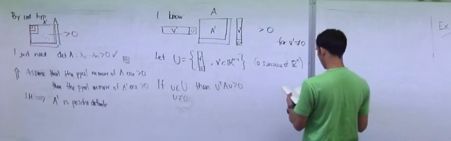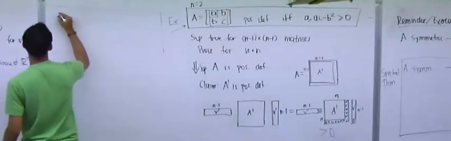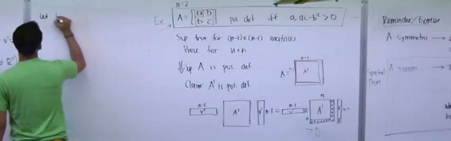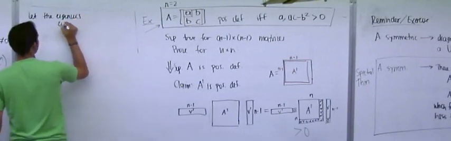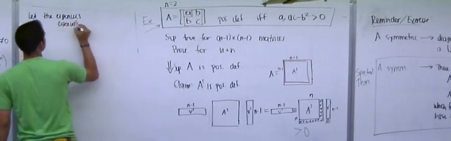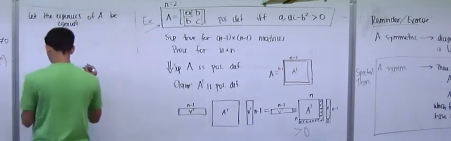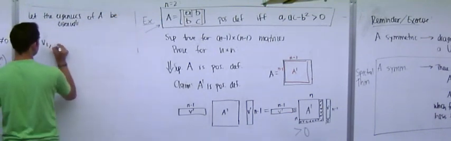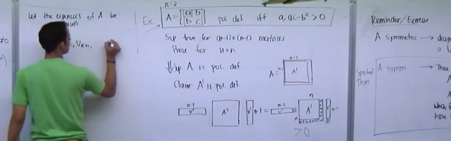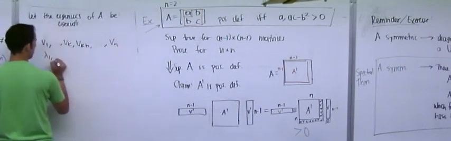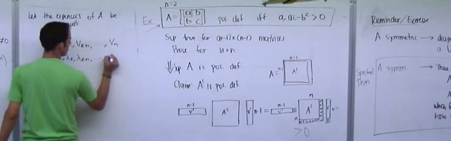So what am I going to do now? Well, let's consider the eigenvectors and eigenvalues of A, and let's call them v1 up to vk, lambda 1, lambda k plus 1 up to lambda n.